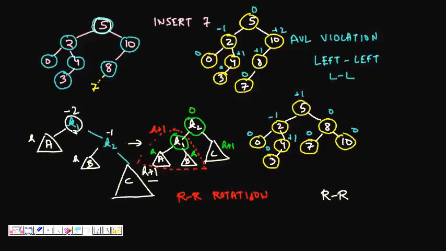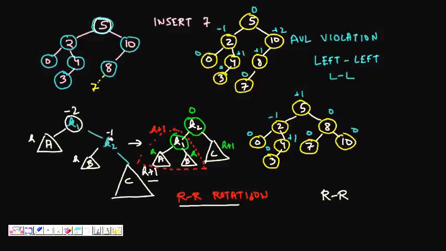So K1 is violating the AVL property, and this is the RR type of AVL tree violation. What do we do? We make K2 the root, and C remains its right subtree. But where will K1 go?